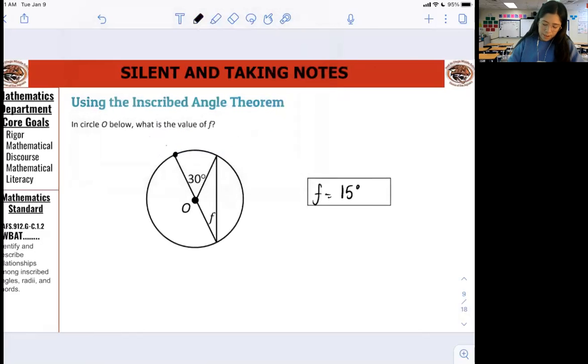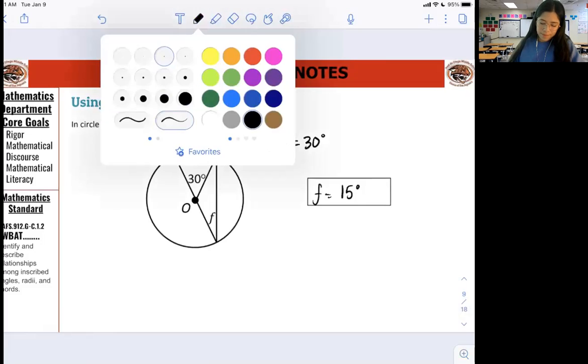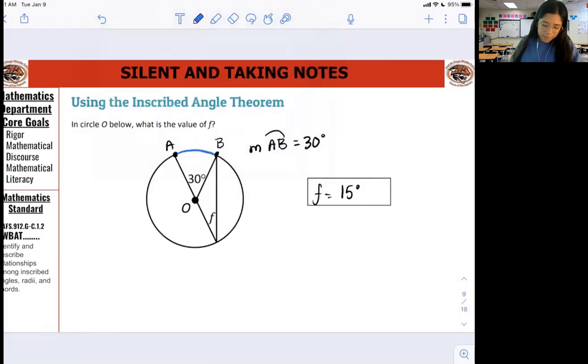Okay, if this is A and this is B, what's the measure of arc AB? 30, not 15. Don't get fooled, it's the central angle. Central angle. Oops, that's okay. It's okay to make mistakes now, but not on Friday when you take a quiz.